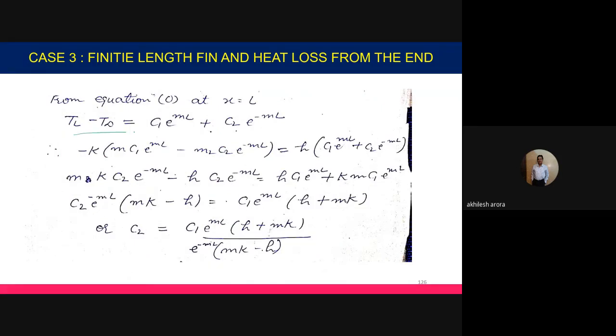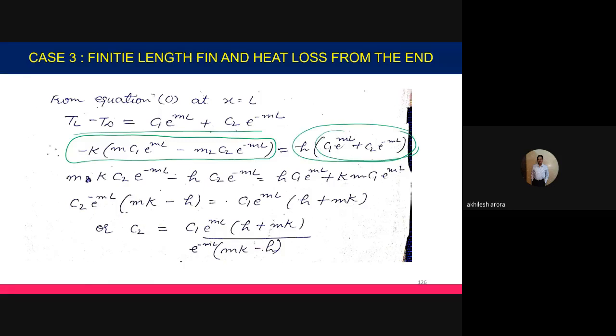So once again, same equation. Previously we got this expression, which corresponds to minus kA dT by dx at x is equal to L, and here I have got the value of TL minus T infinity. So this equation can be simplified further. You can see it here.